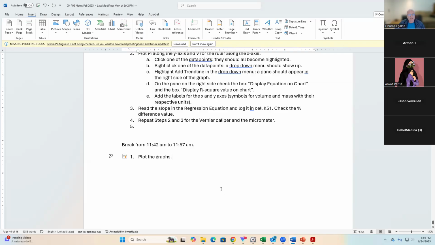The script, right? The script for my labs. First, we plot the graph so you can see the results. Okay. Next, we log the value of the slope in one of the tables to get the percentage difference.